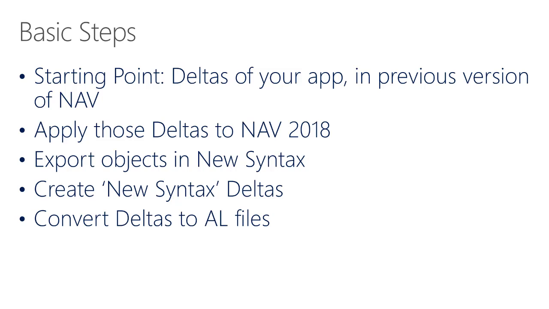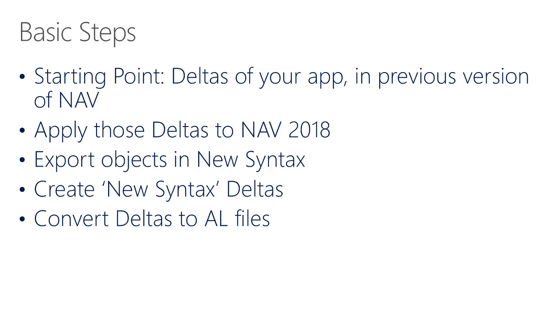And so this is the part that if you are in a real life situation with these deltas, that the conversion may depend on certain things being allowable or not allowable in those deltas, whether it succeeds or not. But I'm assuming you have the final version of your deltas in your app in a previous version of NAV. So not NAV 2018, but 2017 or earlier.